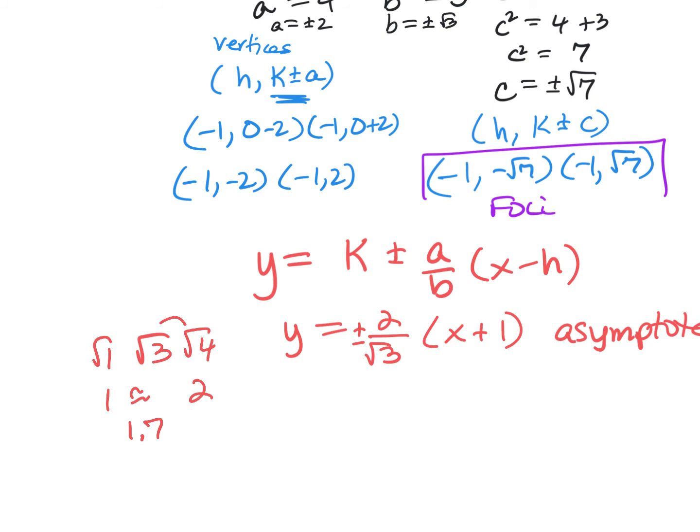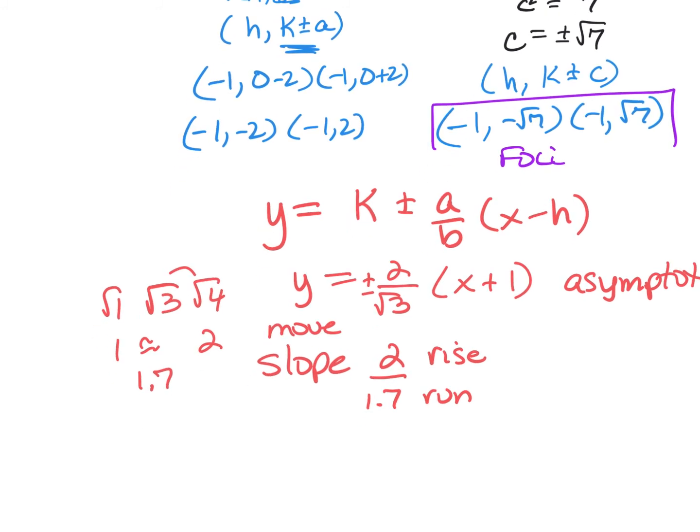So over here, my slope that I'm going to move from the center, I'm going to rise 2, and then run approximately 1.7. And again, this is an estimation. Just get it as close as you can. So we're going to use the slope, rise and run, from my center to graph the asymptotes.